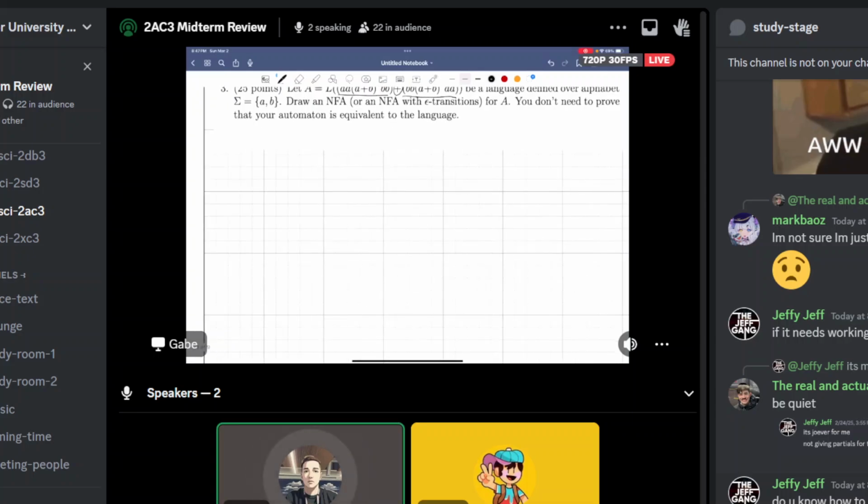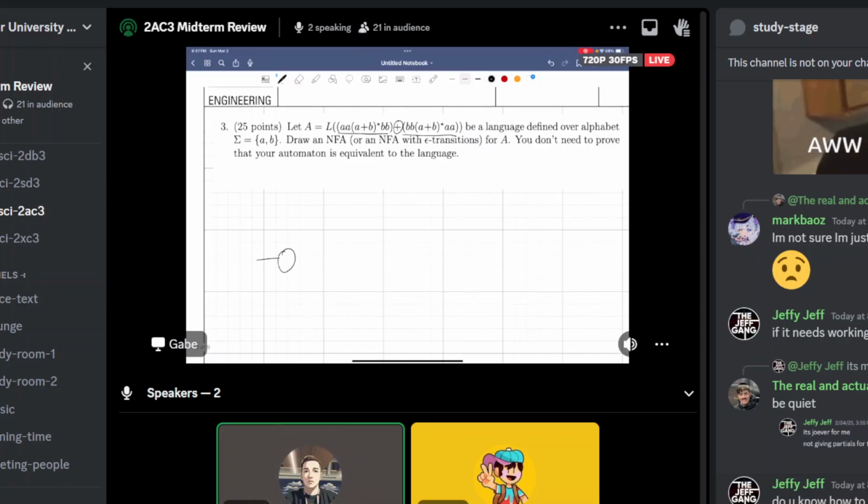And the thing with NFAs is that you can technically choose where you want to go. So for the two things separated by that OR, you can make two different transitions from the start state. If you're part of this regular expression, you'll go that way. If you're part of this one, you'll go this way. And it's pretty straightforward from there.